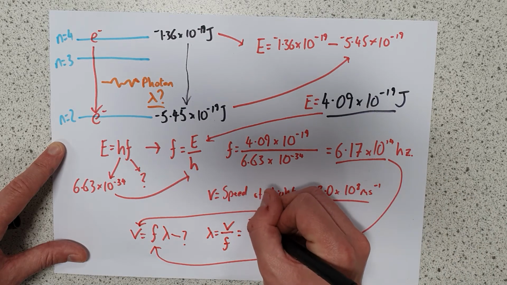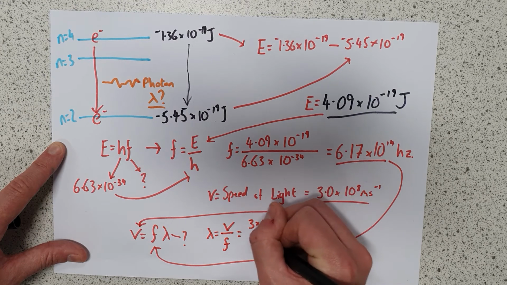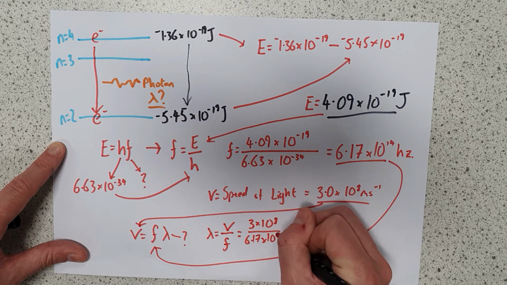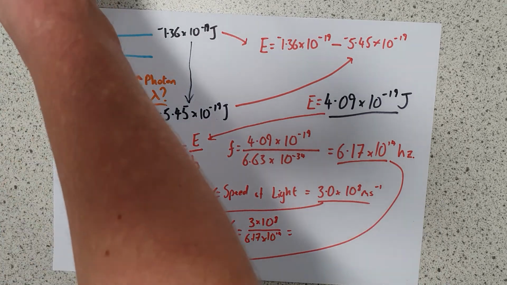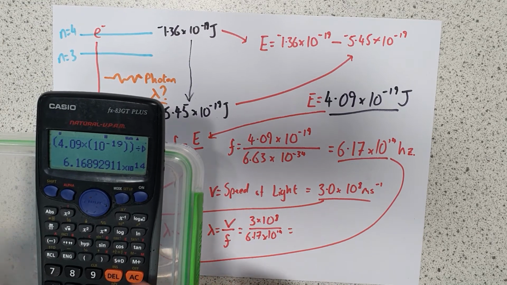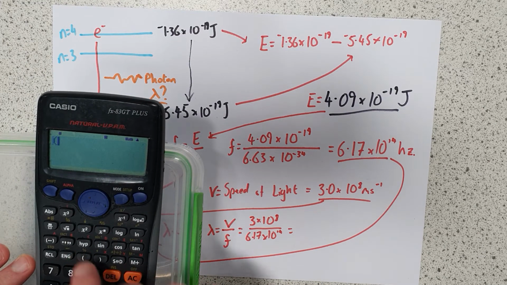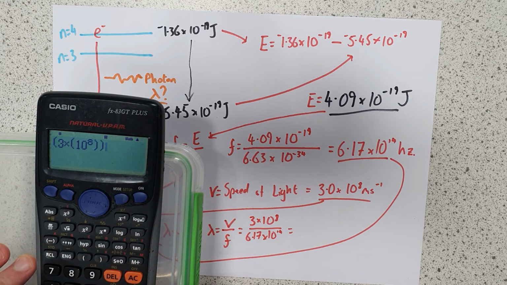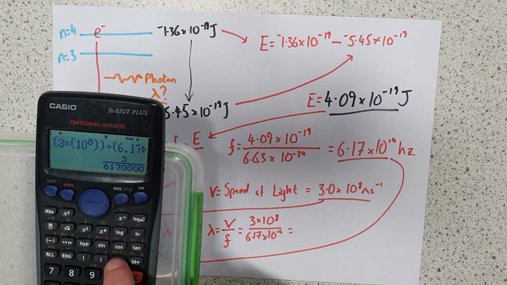That is therefore going to be equal to 3 times 10 to the power of 8 divided by 6.17 times 10 to the 14, and again we're going to need our calculator at this point. So we go 3 times 10 to the power of 8 divided by 6.17 times 10 to the power of 14, close the bracket, and we use our S to D button here, and it gives us that number there.